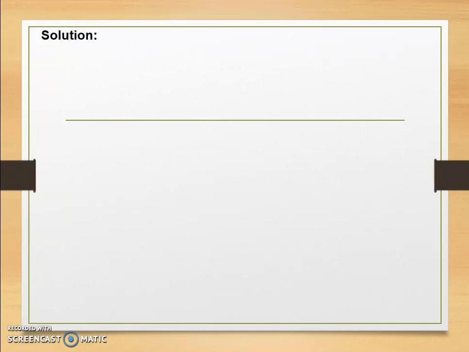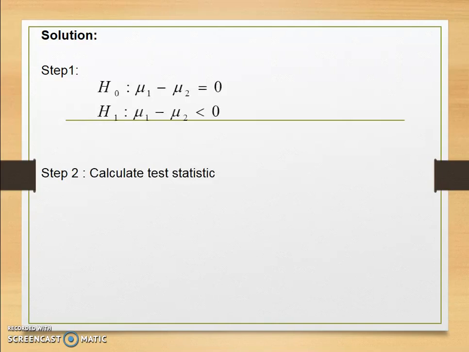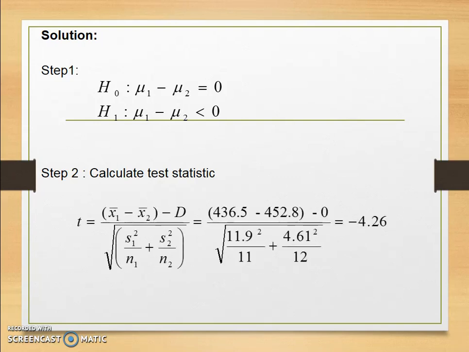The solution is: step number 1. State the null and alternative hypothesis. Step number 2. Calculate test statistic based on the formula. Step number 3.